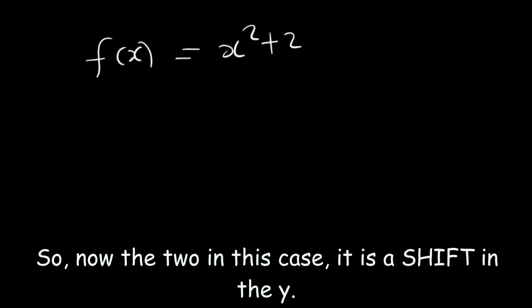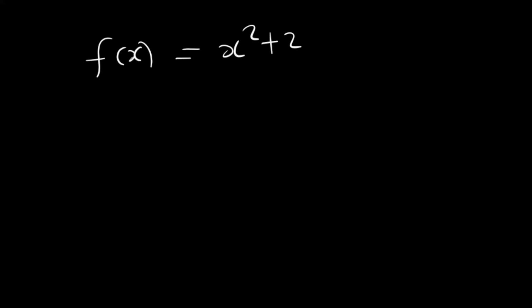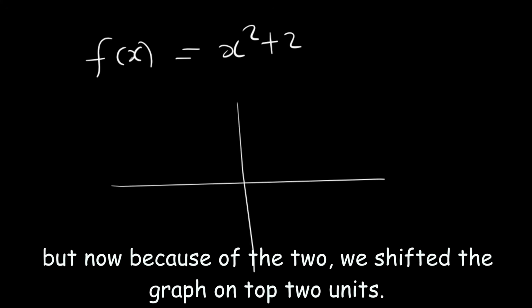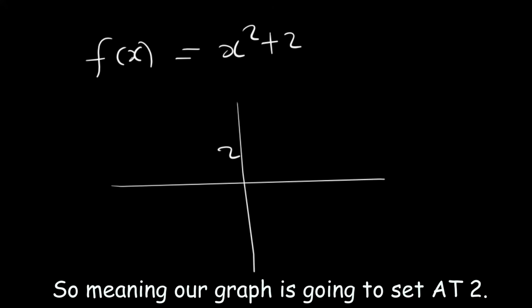Then if we've got, let's say, f of x equals x squared plus 2. So now the 2 in this case is a shift in the y. So basically, if you've seen all our graphs, we're starting from 0 here, but now because of the 2, we've shifted the graph on top 2 units. So meaning our graph is going to start at 2.